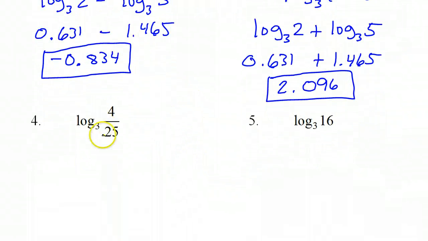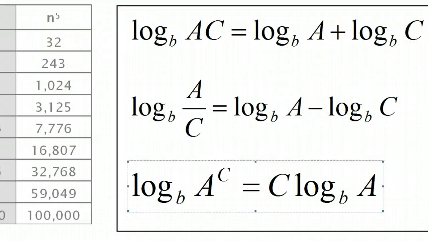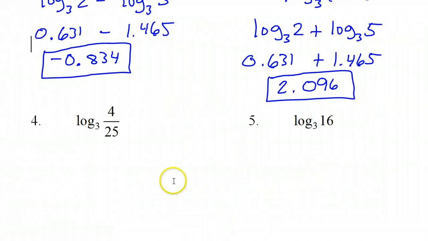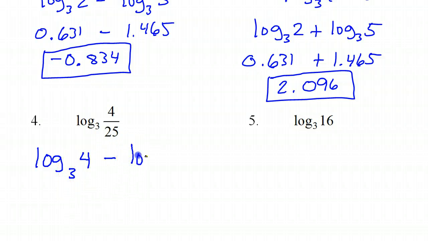Alright, number 4, we've got the division, and we learned that when you had division, you could write that with subtraction, okay, using this second rule. So I'm going to break this part as a subtraction problem. So this would be the same thing as log base 3 of 4 minus log base 3 of 25.